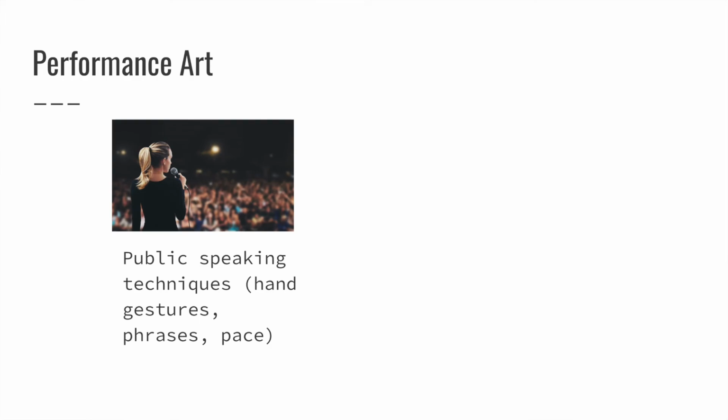Sometimes you can quicken your pace, you can slow down your pace. All of that are part of public speaking techniques that are used in spoken word as well to get your audience engaged with you telling your story.